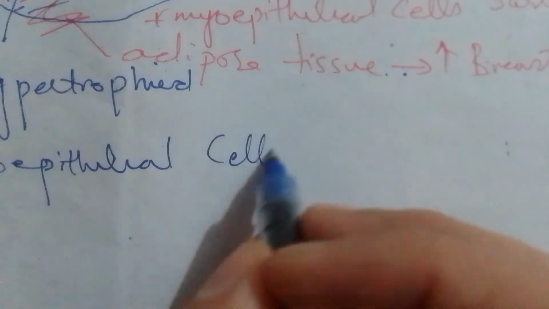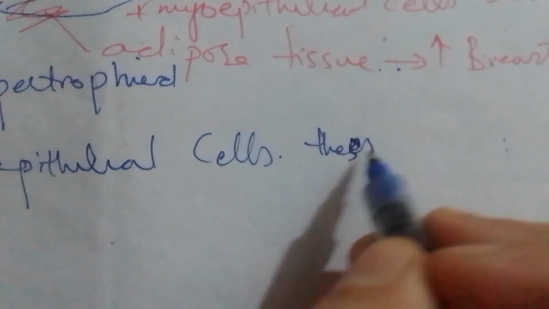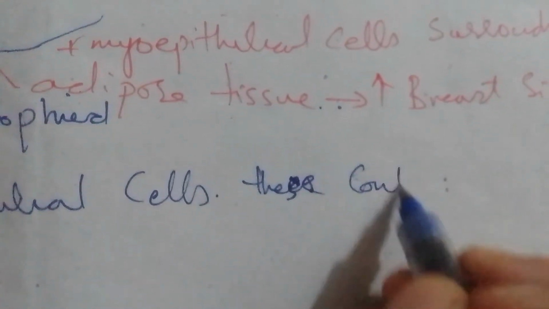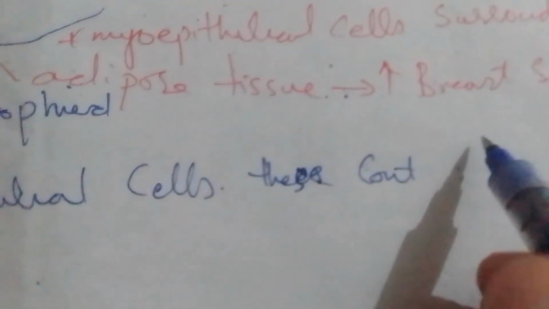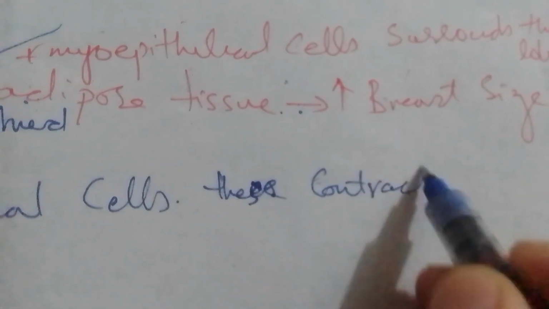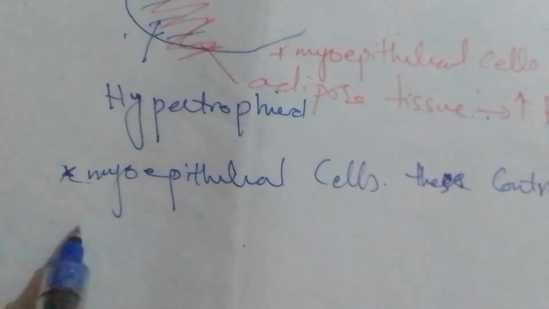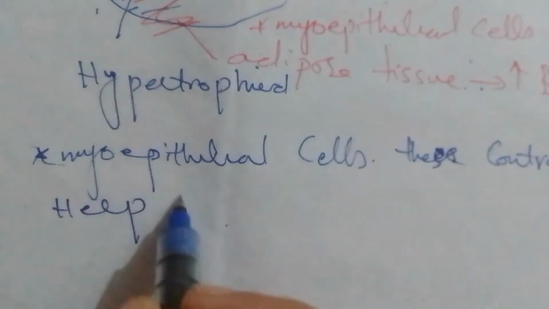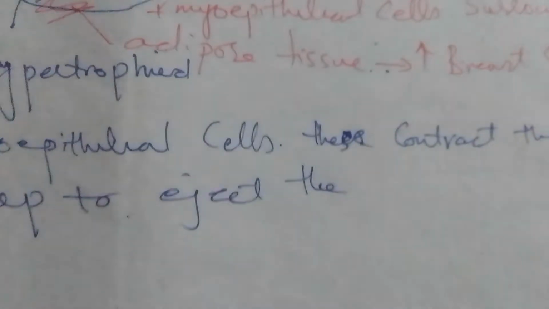Oxytocin causes the contraction of myoepithelial cells, which helps to contract the lobules, and after the contraction of lobules the ejection of milk takes place. As the myoepithelial cells contract, they help to eject the milk out from the lobules.